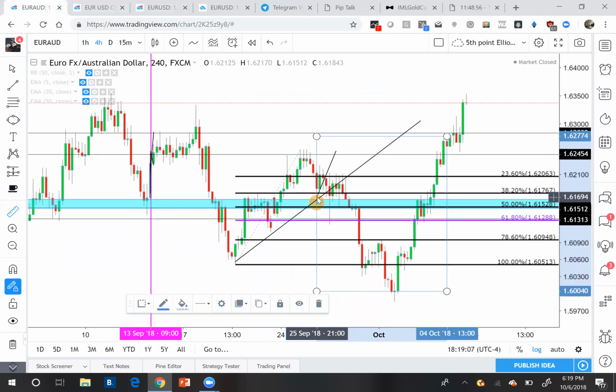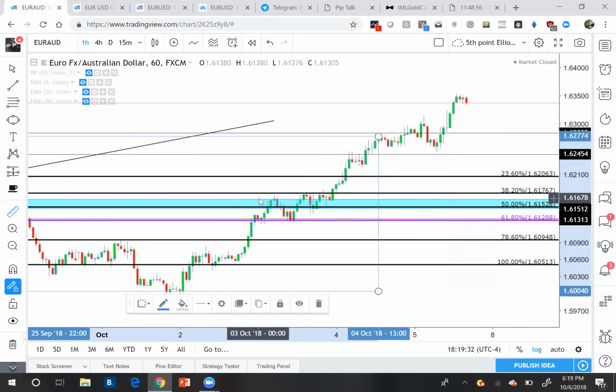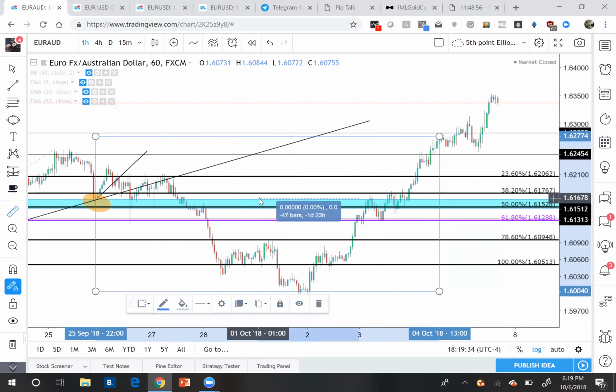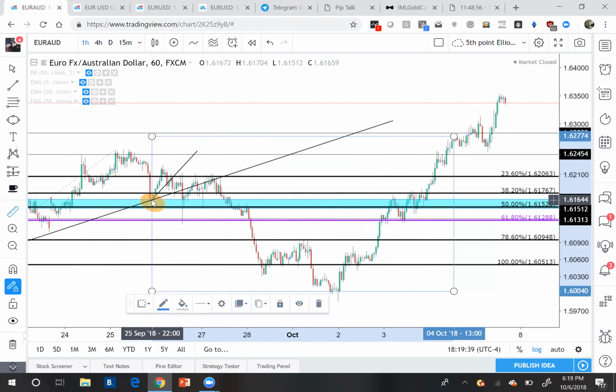So it did respect it, came back up, came back again, tried, came down all the way to the 618, came back up, and then after a while, it ended up breaking it. You understand? So in that regard, they will still have made money because on the first drive down, it will have respected it and come back up, right?